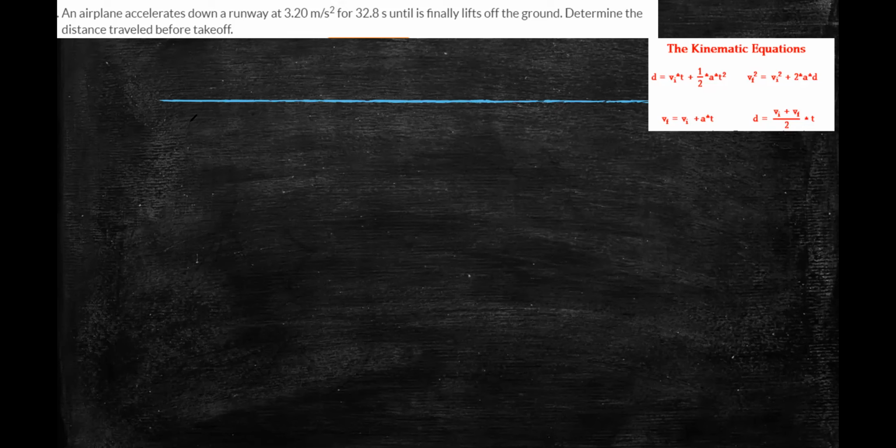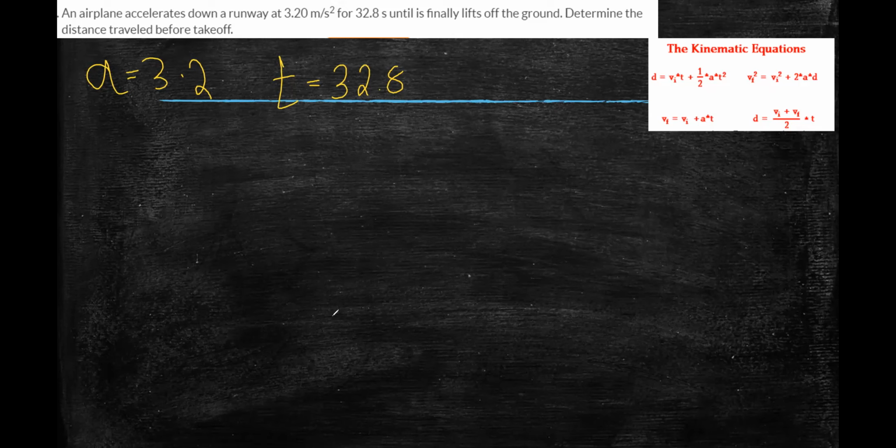So the acceleration here is 3.2, for 32.8 seconds. Second is a unit of time. So T here is 32.8, until it finally lifts off the ground. It starts to move from a point until it reaches the ground. Its acceleration was 3.2, and the time it takes is 32.8 seconds.